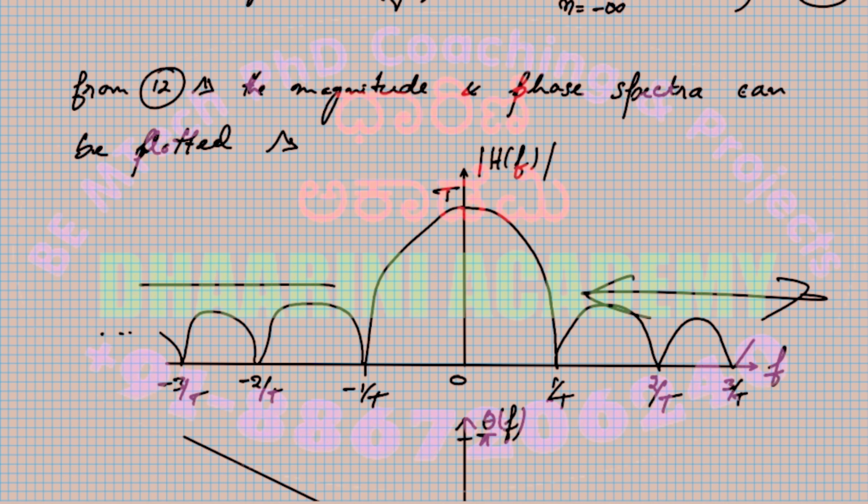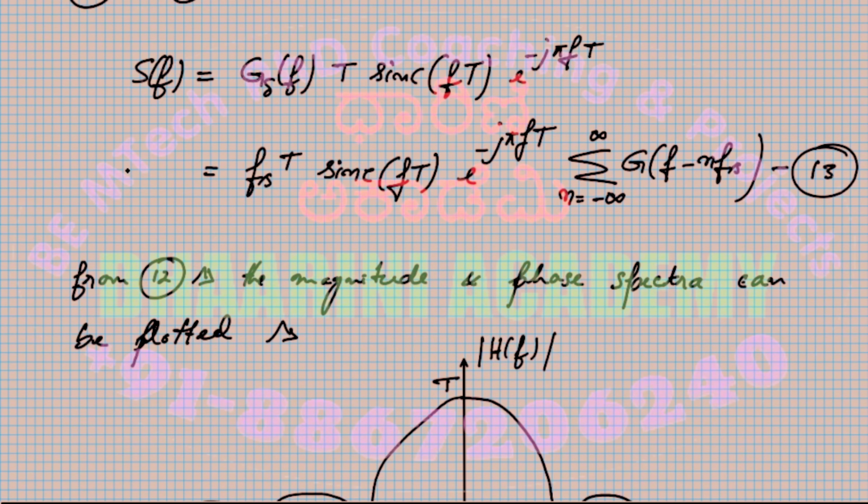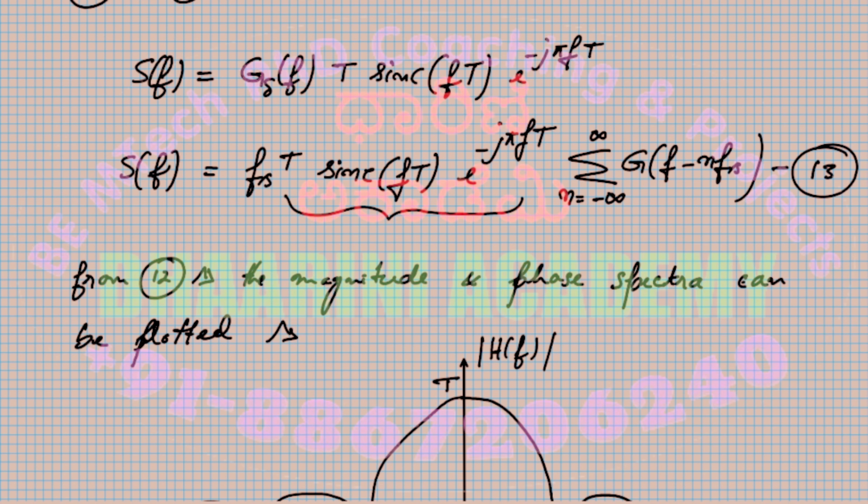So I'll go back to equation 13 and I'll see that there is a sinc function still existing, right? You see in my final answer, that is S of f, equation number 13, I still have this T sinc multiplied by e to the power, still there. So T sinc is my magnitude, e to the power is a phase component, right?